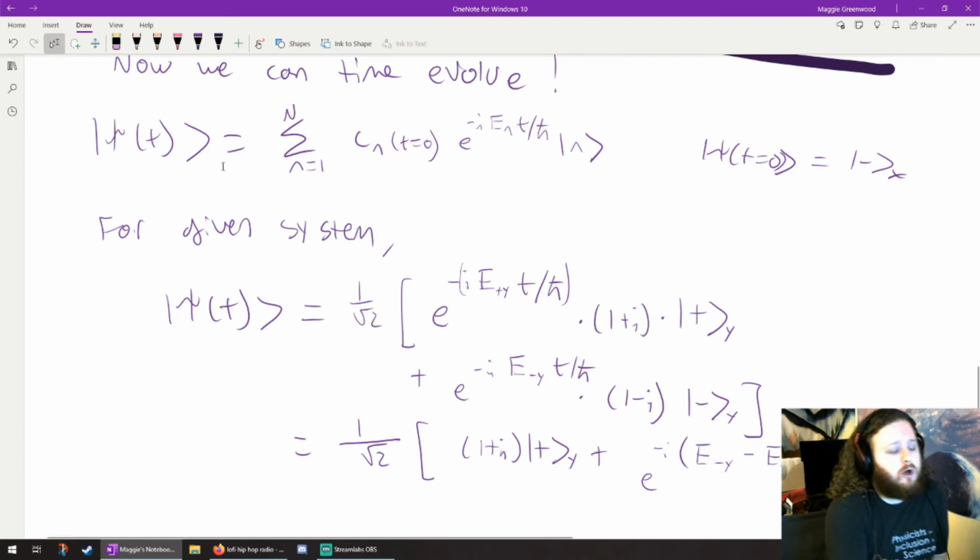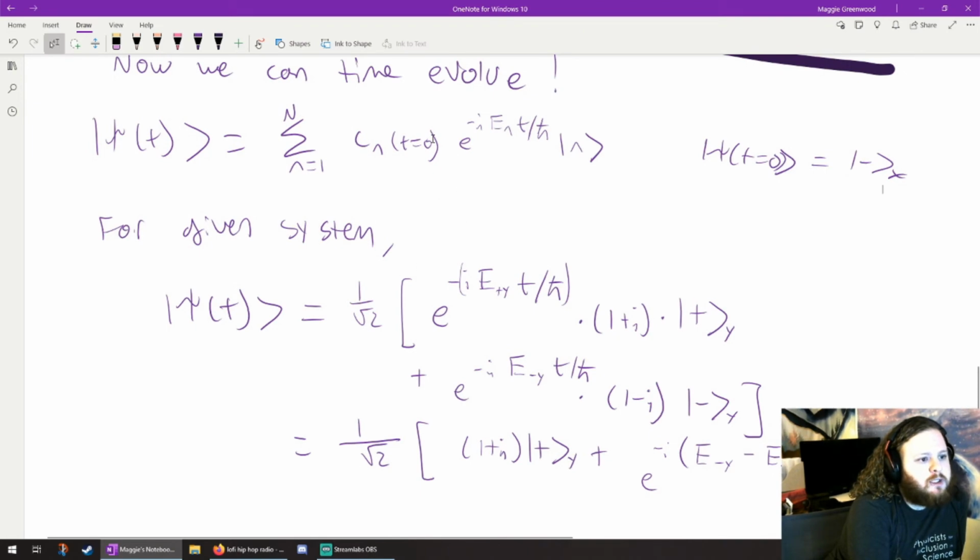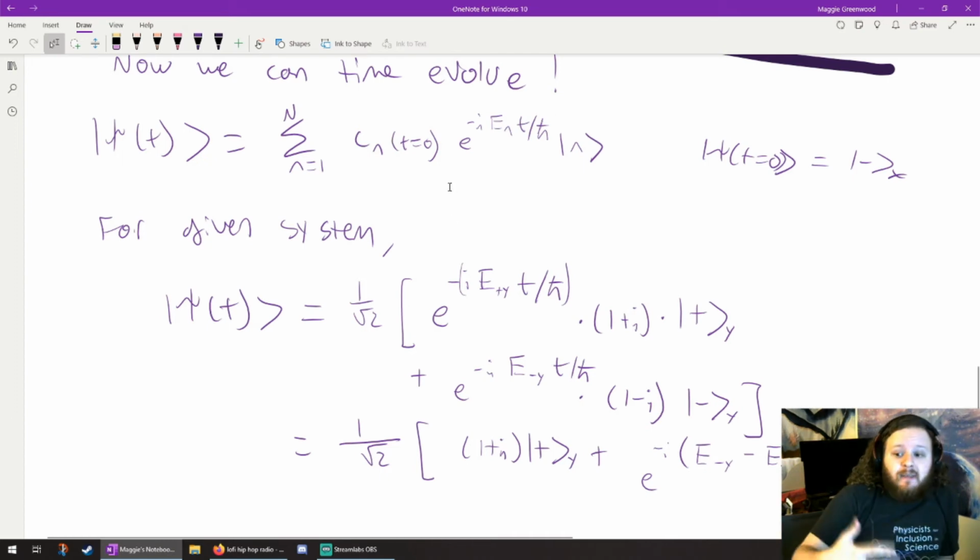That's all we're doing in quantum mechanics ever, right? I was following the prescription for time evolution, which is to take the state at t equals 0, written in the basis of the Hamiltonian, and then throw some e to the minus whatever's on to put the time dependence in on each state.